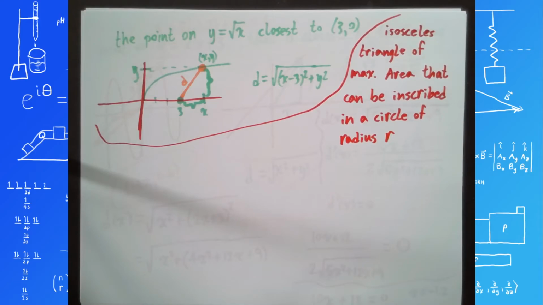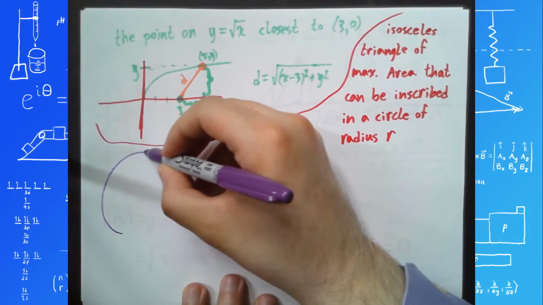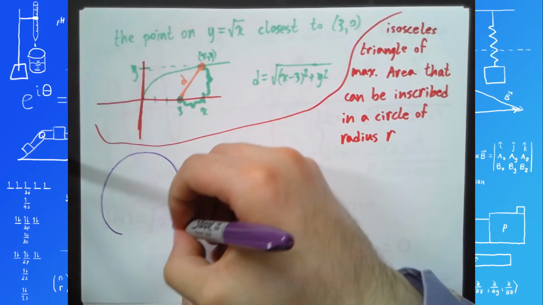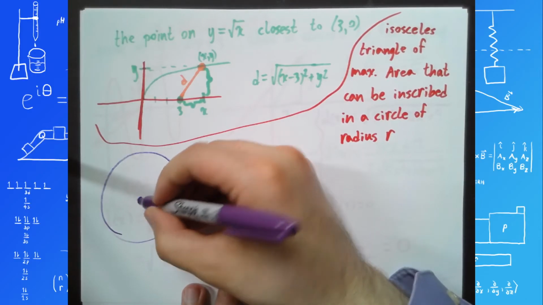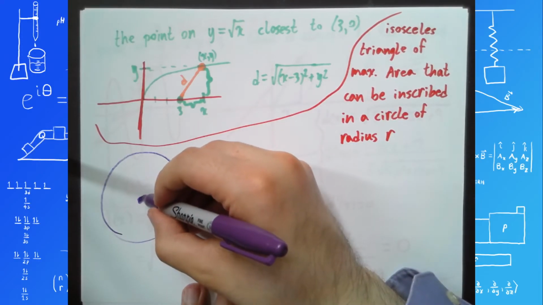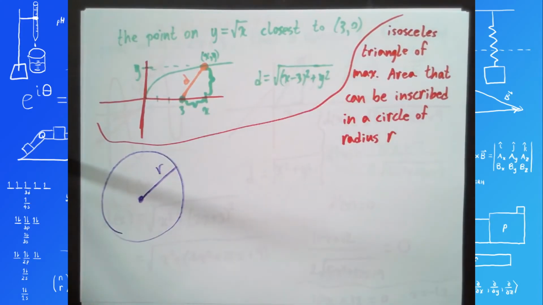Okay, let's go ahead and draw what we're looking at. Always good to start with a drawing when it comes to these optimization problems. So we've got a circle of radius r, and inside it, we have an isosceles triangle.